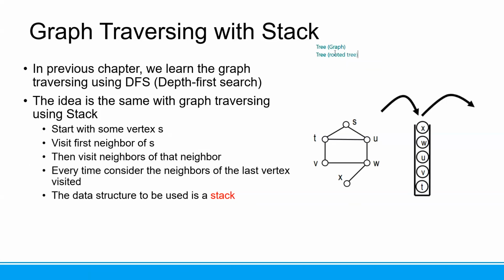In the rooted tree, we have a specific root. And in the rooted tree, we learn some traversing. I think on Friday we already learned pre-order traversing, post-order, and then in order. So there are three traversal mechanisms.